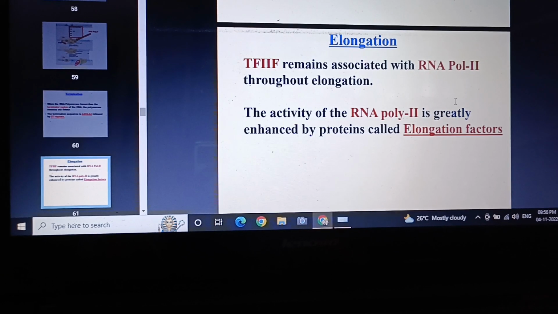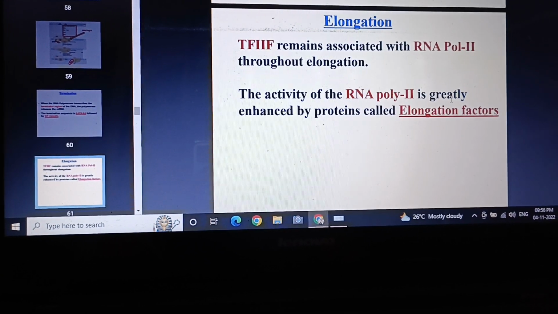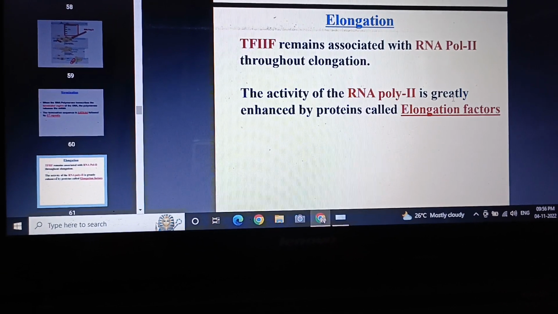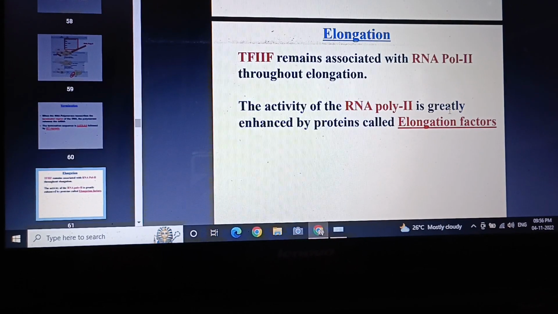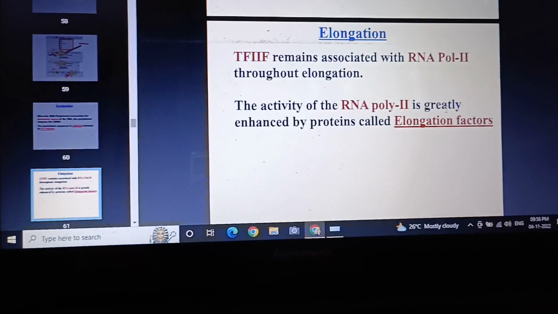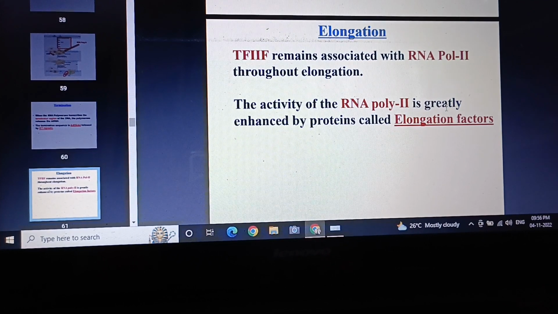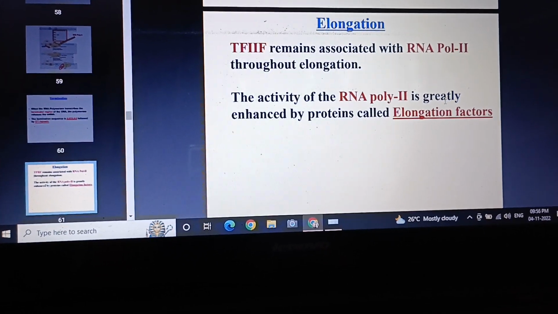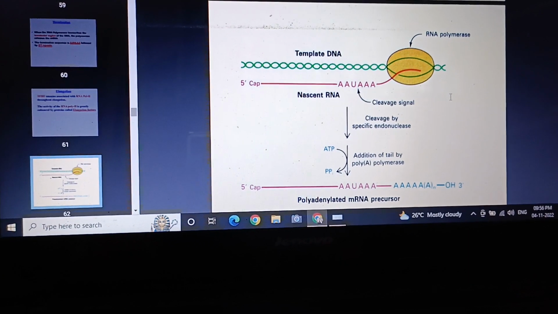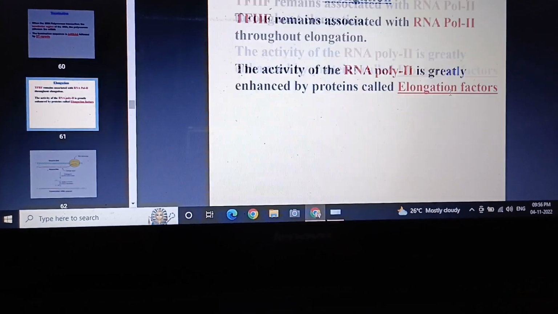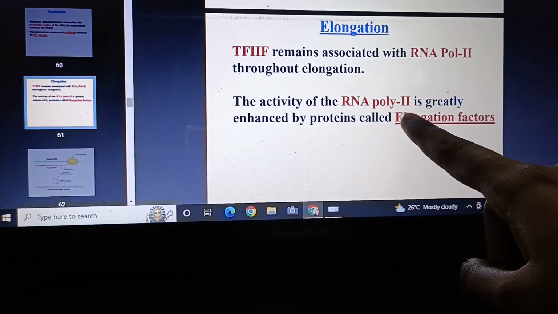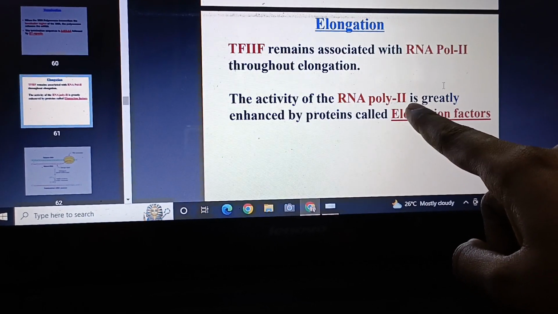Elongation. TF2F remains associated with RNA polymerase throughout elongation. The activity of RNA polymerase 2 is greatly enhanced by proteins called elongation factors. So again, in initiation what will happen?